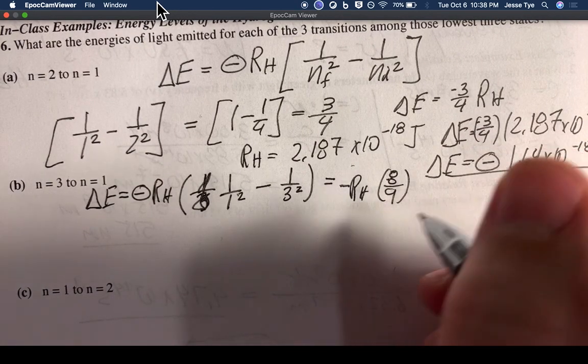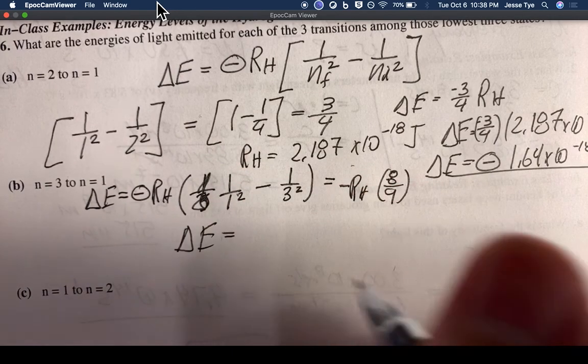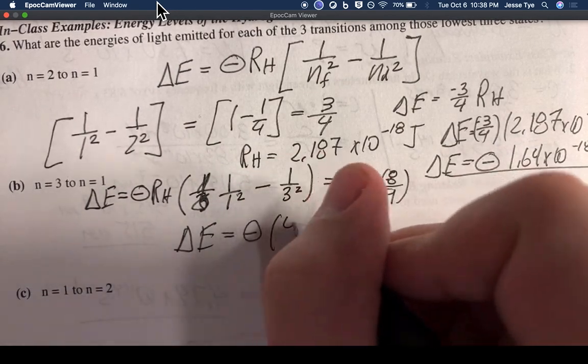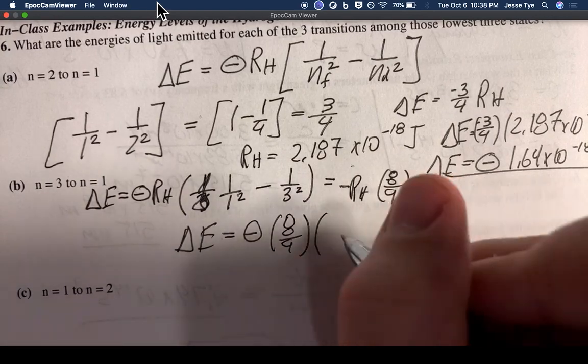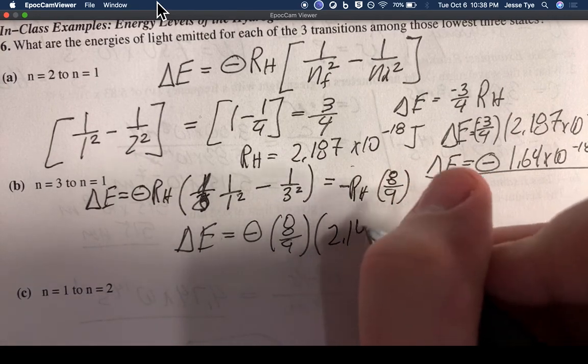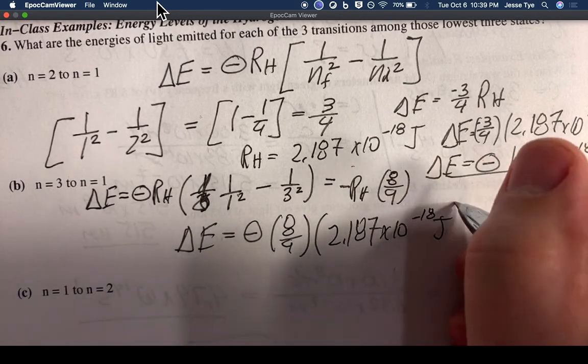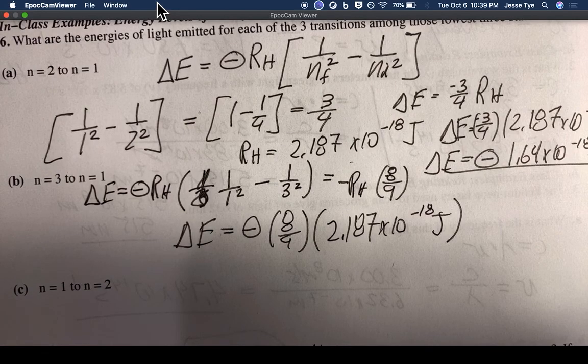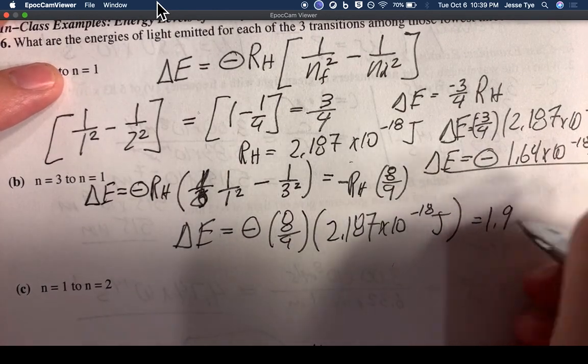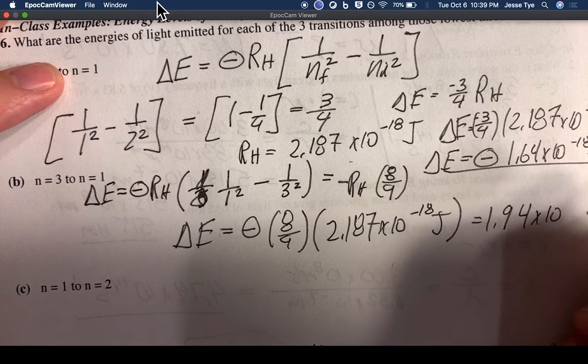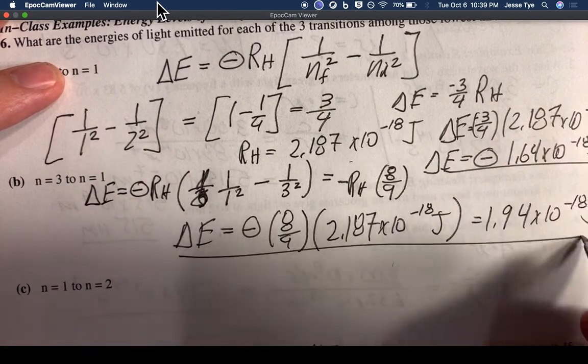Okay, so now our change in energy here is minus 8 over 9 times that Rydberg constant again, 2.187 times 10 to the minus 18th joules, equals minus 1.94 times 10 to the minus 18 joules.